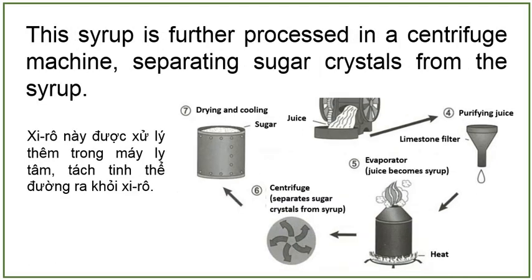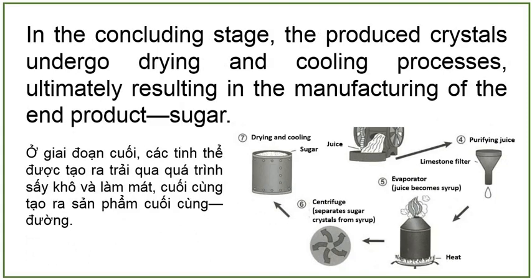This syrup is further processed in a centrifuge machine, separating sugar crystals from the syrup. In the concluding stage, the produced crystals undergo drying and cooling processes, ultimately resulting in the manufacturing of the end product sugar.